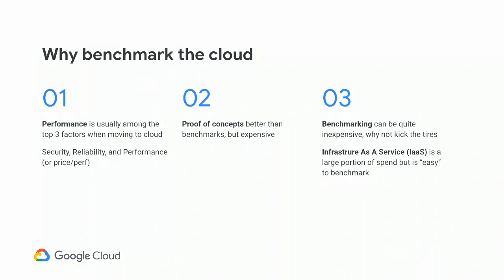Is there something you can do beforehand, maybe kick the tires, that's cheaper? Yes. Especially, like I said, IaaS, the models are pretty simple for figuring out how IaaS works. IaaS is unbelievably complicated underneath the hood, but from a user's perspective, when you think about the performance characteristics, it's not overly complicated. So we can come up with a bunch of tests that allow people to compare. And we'll see a bunch of this. And it's moderately easy and inexpensive.